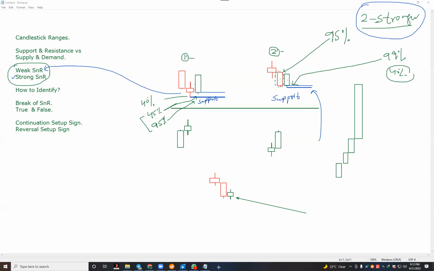Right? So now tell me, when we understood the ranges of the candle, we declared that this candle is a neutral candle, right? And in this concept, we declared that this candle is a strong candle. Is there any contradiction? There are differences.